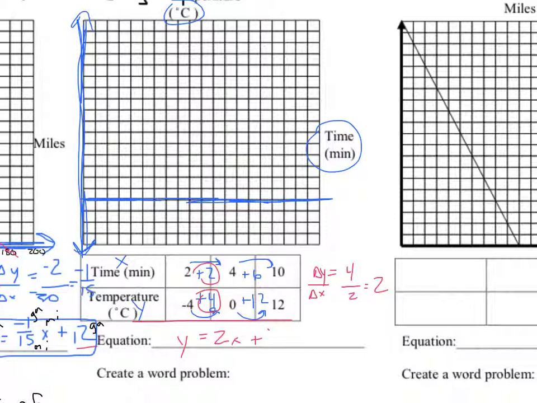So negative 4 goes with 2. And 0 goes with 4. And 12, that's going to be way up there, goes with 10, which is way over here. All right, so 1, 2, 3, 4, 6, 7, 8, 9, 10, 11, 12.